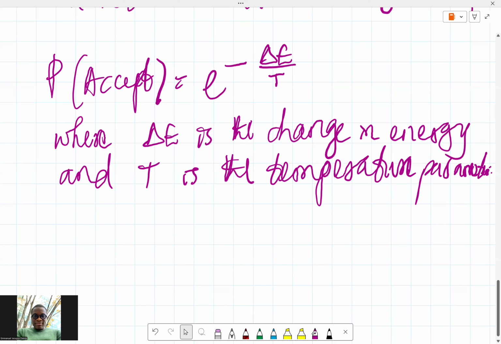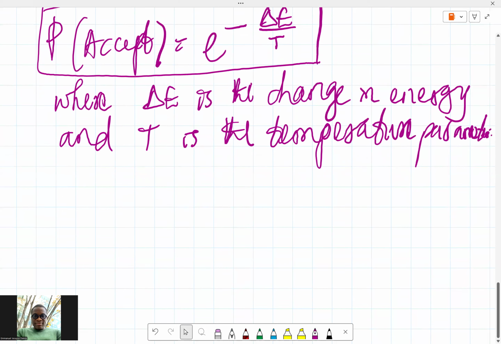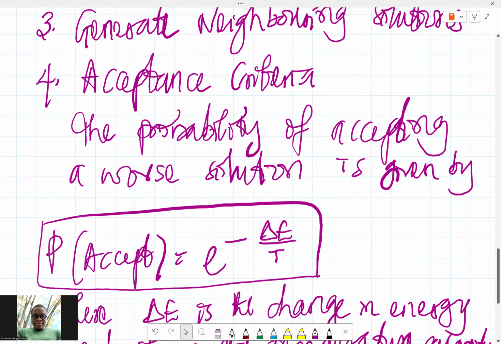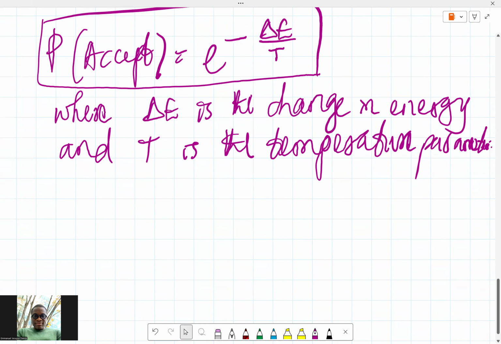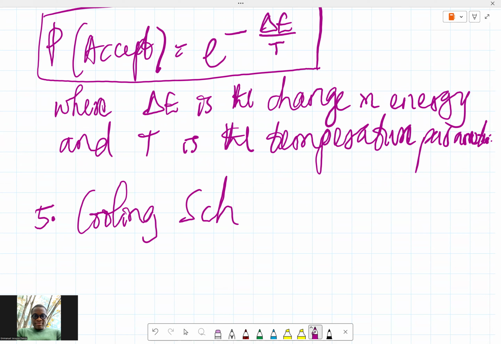Now we have ideas relating to the cooling schedule. I guess that should be the fifth step in the process. Number five, we have a cooling schedule. The temperature T is updated over time, usually by cooling it according to a schedule.